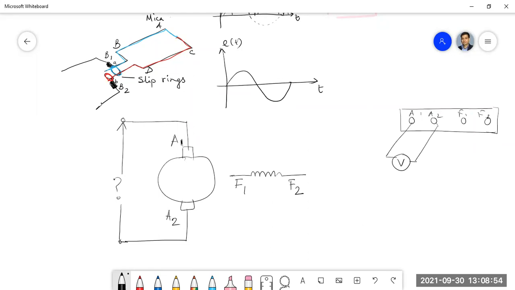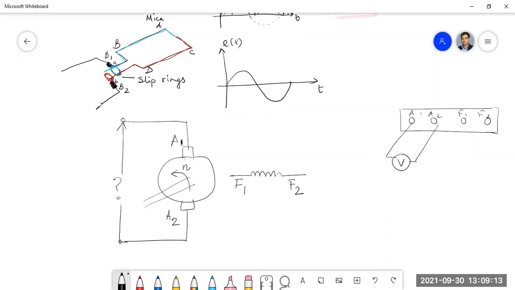So how will the voltage be generated? What are the things I have to provide? You have to provide excitation to the field, and the armature needs some mechanical force to rotate it. So you have to rotate the armature at some speed.